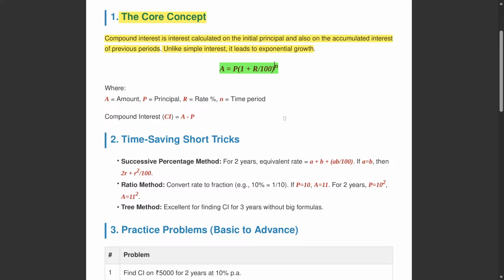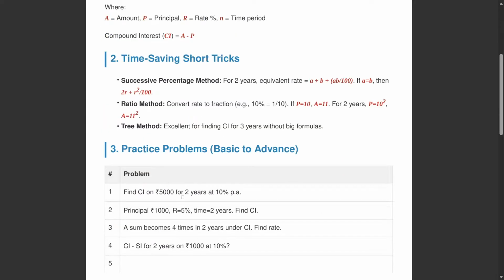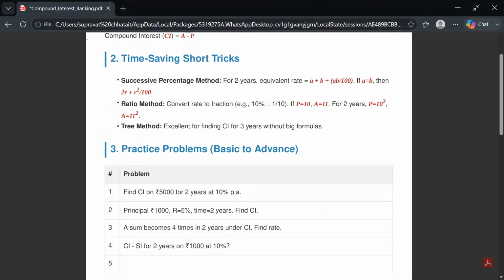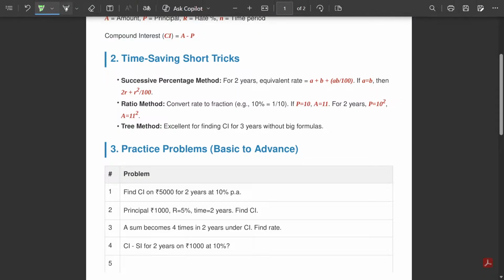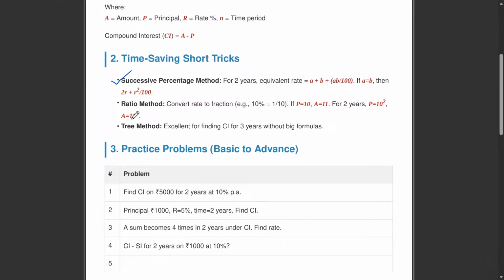So students, here are some short tricks I'm going to explain. Successive percentage method and ratio method. For the successive percentage method, for 2 years the equivalent rate equals A plus B plus AB by 100. If A equals B, then 2R plus R square by 100.